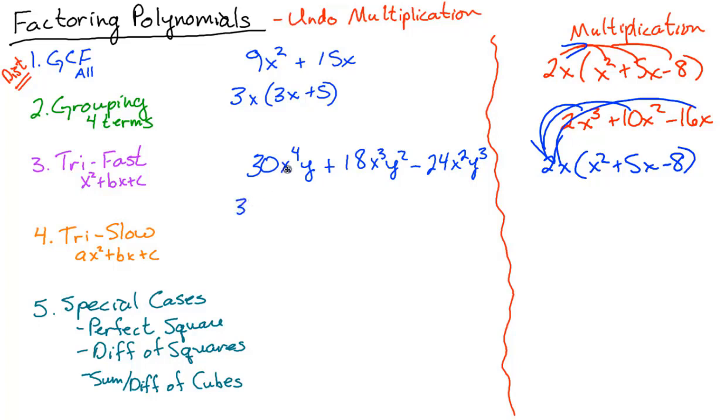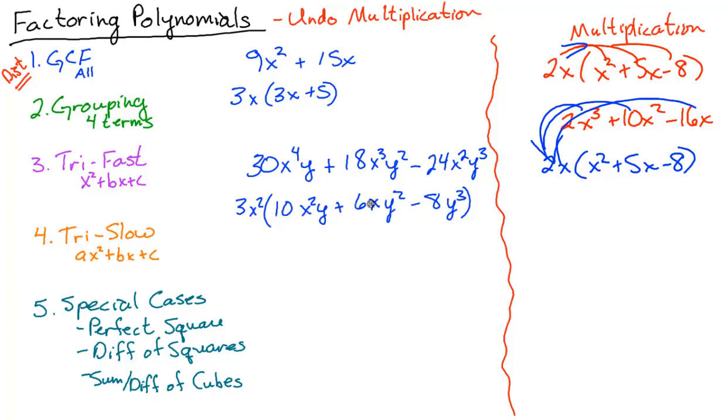So you take a 3 out and you can see an x squared in everything. So you take a 3x squared out. Then you get 10x squared y plus 6xy squared minus 8y cubed. You pulled that x squared out. And notice once you pull them out, the exponents subtract, and you take out all the x's.